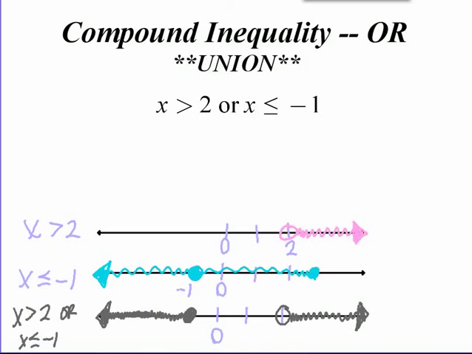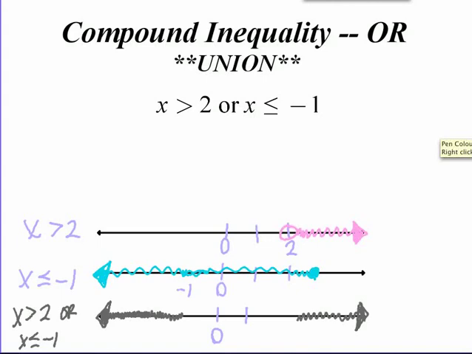It would just be one line to the left. It would just be less than. Let's think about that. What would this solution be? No ideas? Would it be the whole thing?